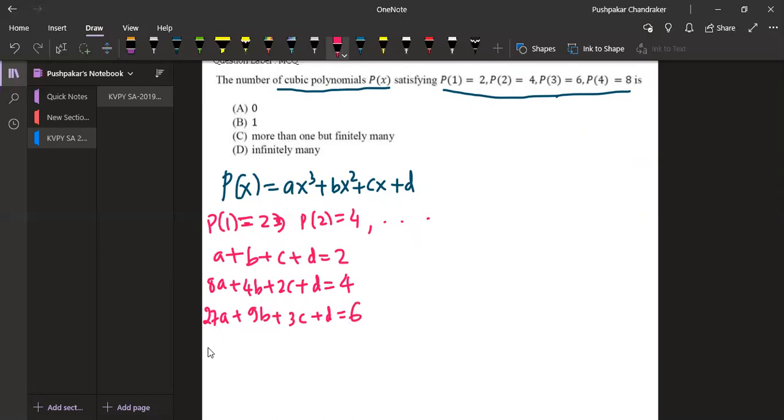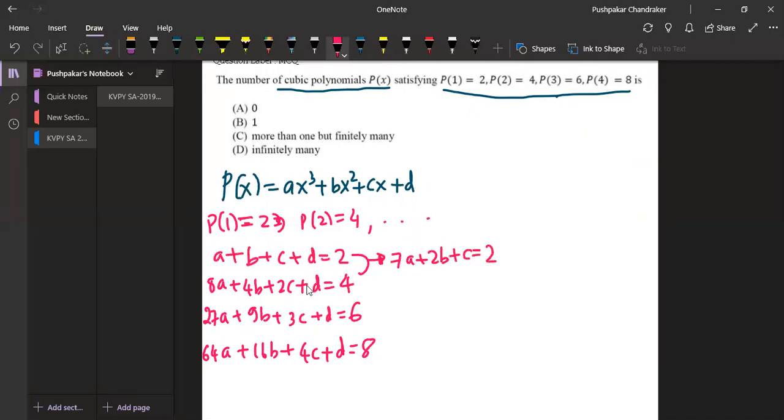Same way, put 4 next time. So you get 64A plus 16B plus 4C plus D equals 8. Solve these two. If you solve these two, you get 7A plus 2B plus C equals 2.